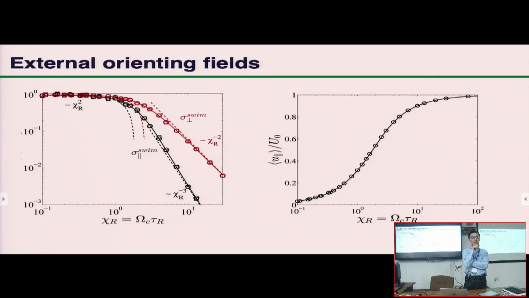If you were to measure the mean square displacement along the field direction, that would be different compared to the case where you measure it in a direction that's normal to the field. That's what we see here. There are two lines. One is parallel, measuring along the field direction. The other one is perpendicular.